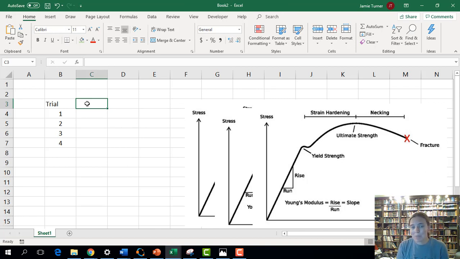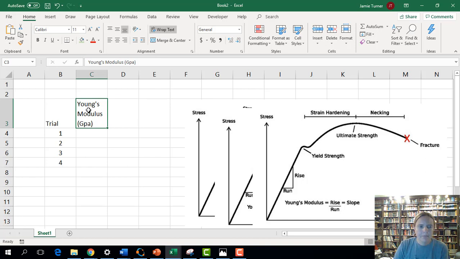What is the error in measuring the slope of that line, the Young's modulus, which is stress over strain. And remember, our units for stress is force over area, strain is unitless. So this is going to be newtons per meter squared, which is Pascal. Okay, so we're going to give the Young's modulus for each of these, and we'll use gigapascals for this.